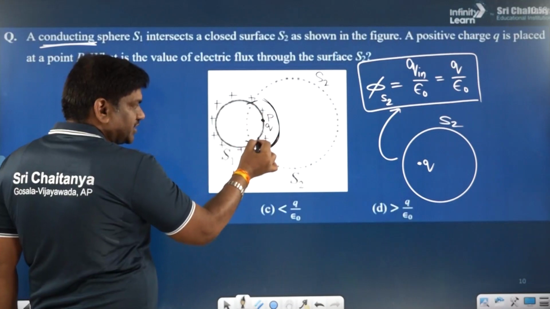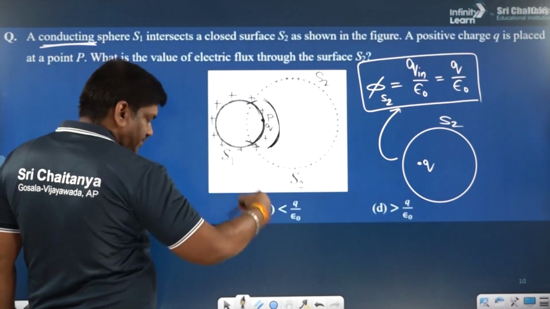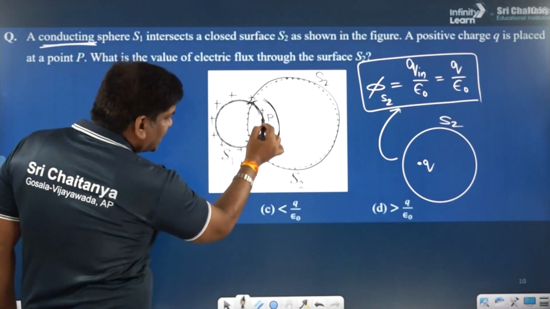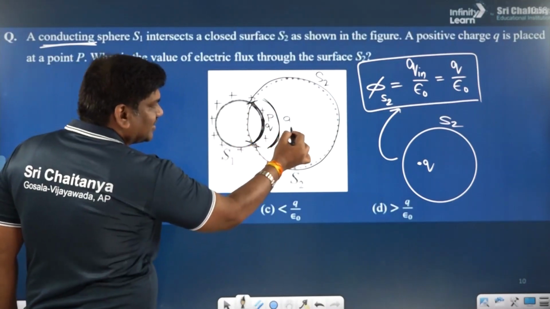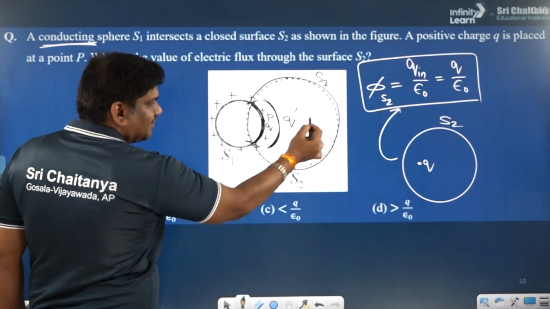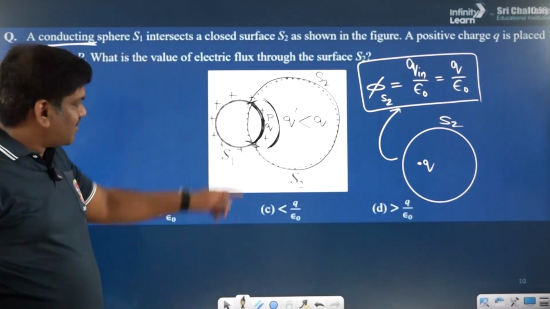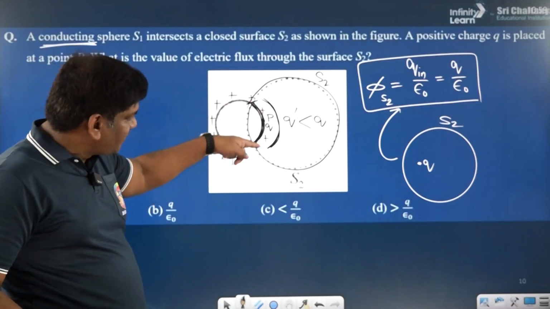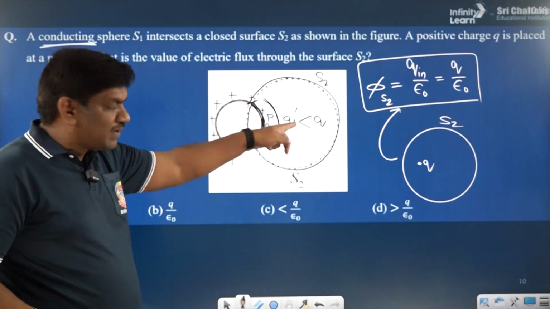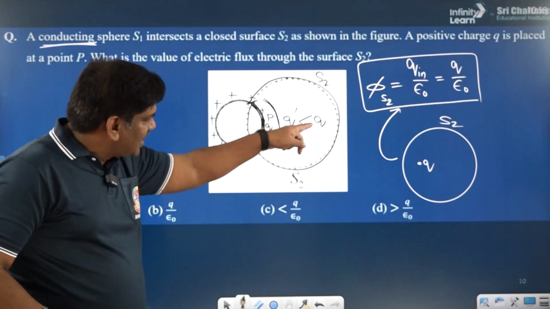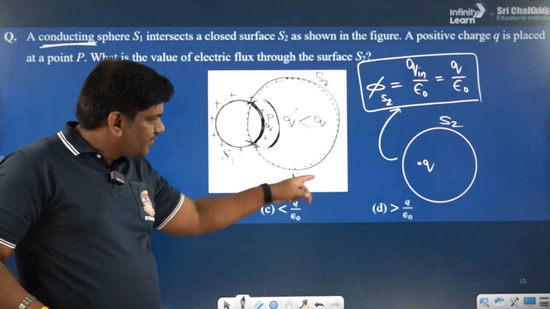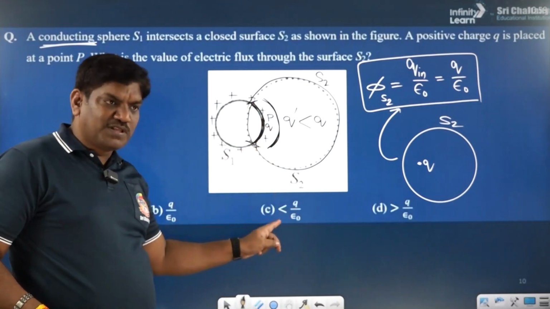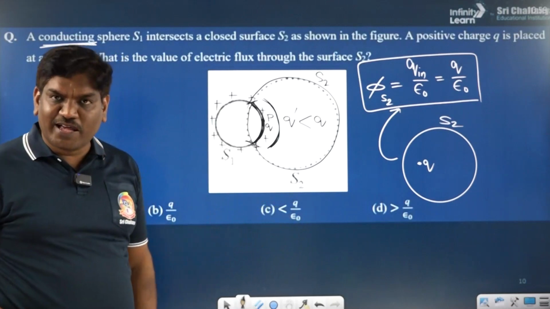Only the charge which is on this arc will be inside for the surface 2, and this charge will definitely be less than Q, because now this entire Q charge will be distributed over the conducting surface. So on this surface it will be only Q dash, which is less than Q. If the charge is less than Q, then for the surface 2 the Q inside is less than Q, and the flux should be less than Q by epsilon.